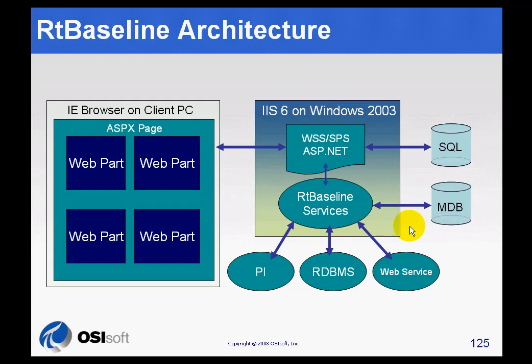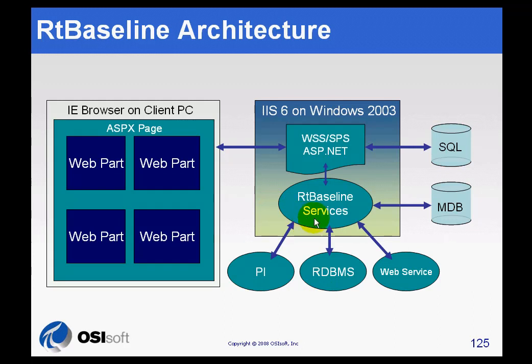Okay. But then, in addition, RtBaseline Services, by its very nature, facilitates the communication. Well, two things. It facilitates a place to store the definitions of the Pi servers that the users have access to. So the Pi servers' definitions are stored on RtBaseline Services, or on this server, I should say.